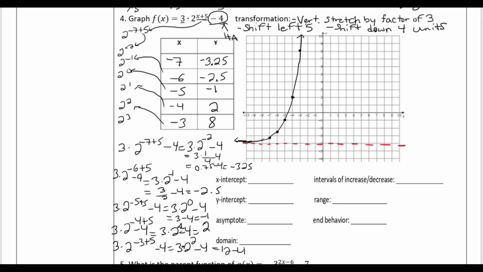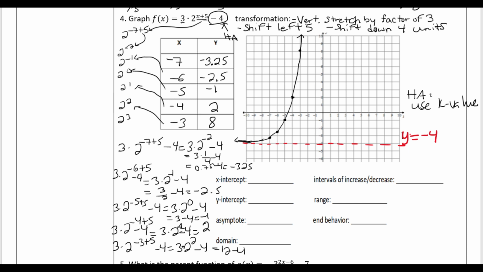So again, we have y equal to negative 4. And again, the easy way to tell is use this vertical shift. Use the k value to help you with your HA. So for HA, use the k value.